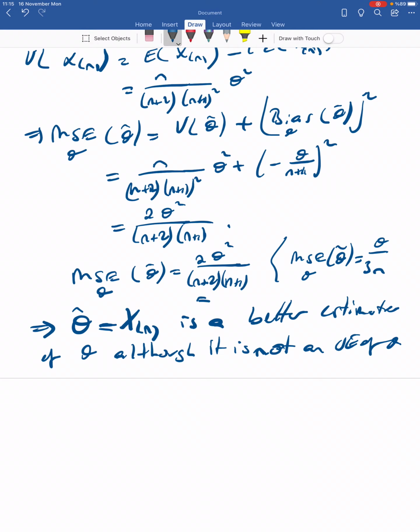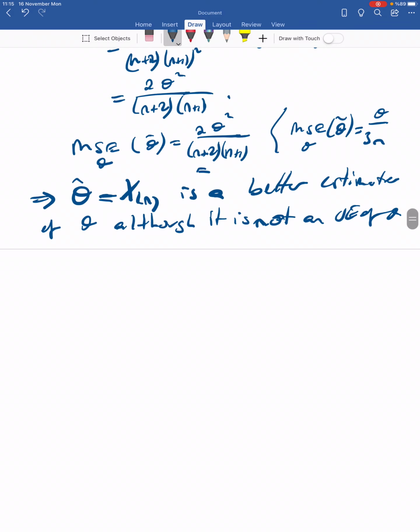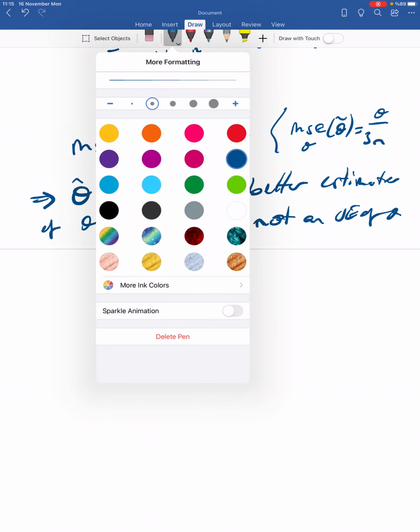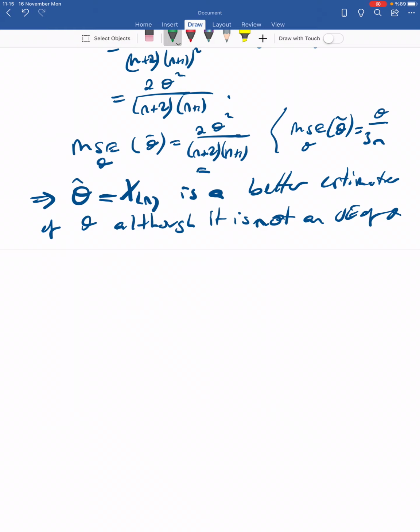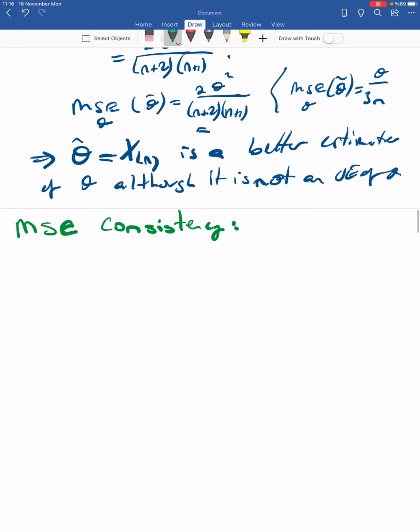Okay, we have another concept known as mean square error consistency. Actually, both concepts are the same, consistency and mean square error consistency. For me, they are exactly the same actually.